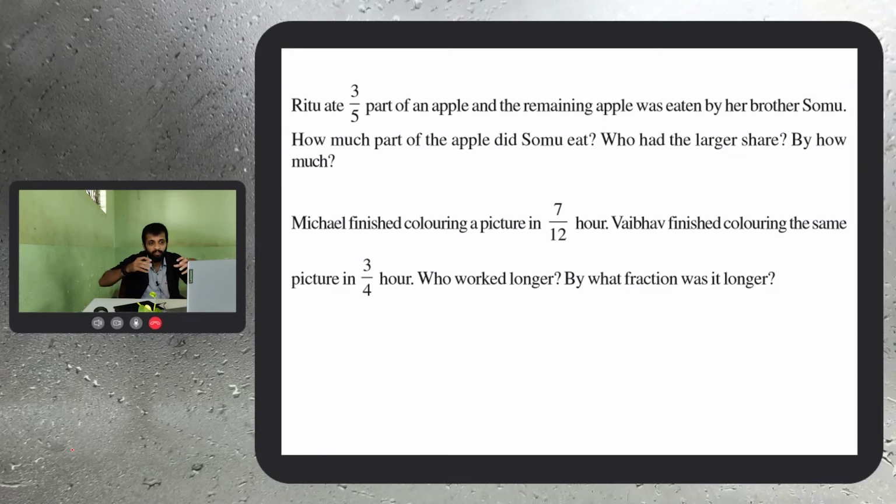So both should have the same number, or you have to find out the equivalent first and then you will be able to tell which one is greater. So who worked longer will be the answer there, and by what fraction it was greater, you will have to subtract the smaller number from the bigger number and you will find out the difference in that value.